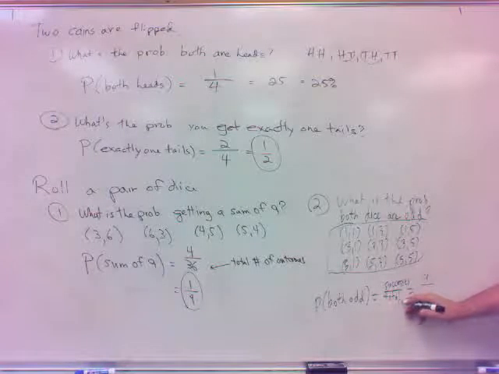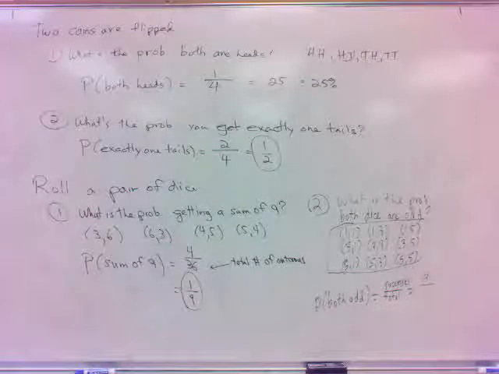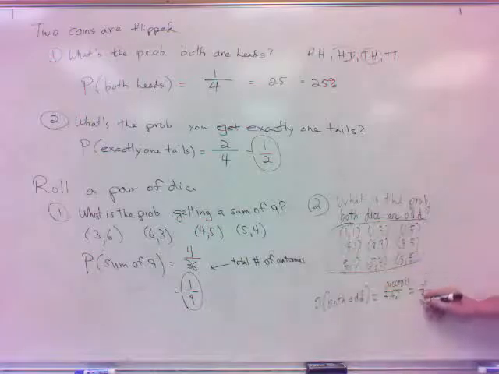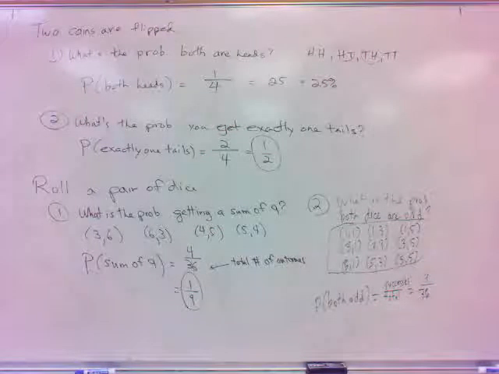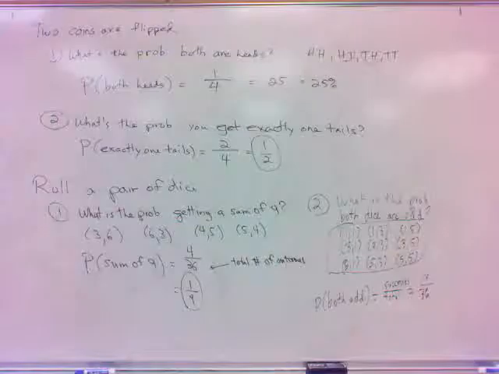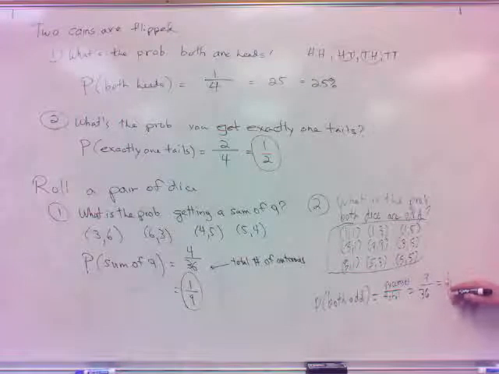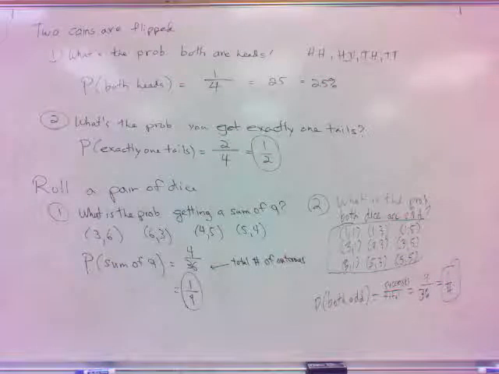And then what's the total? Well, it's rolling a pair of dice. When you roll a pair of dice, how many total outcomes are there? 36. Yeah, it's that 6 by 6 table. If you listed them all out, you'd have 36 of them. 9 over 36 is the probability both are odd, which is reducible to 1/4. Reduced by 9s there. Okay? Yeah, a fraction is preferred right here for now.